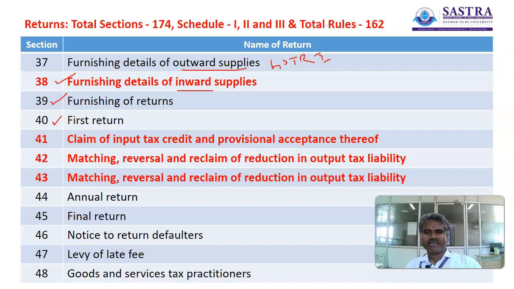41, claim of input tax credit and provisional acceptance thereof. Section 41 deals with the claim of input tax credit. Because we have both purchases and sales, my dear students, when we paid tax on purchase, it has to be adjusted against the tax on sales, which we already collected from the customers.